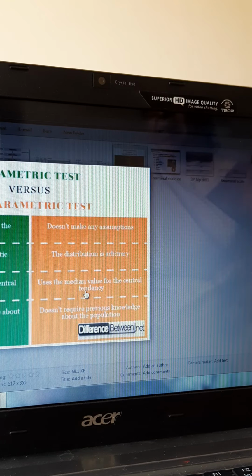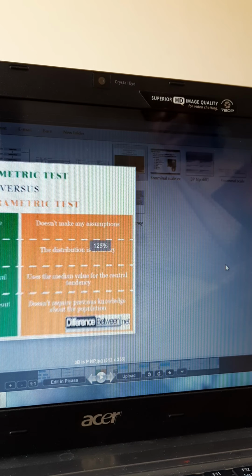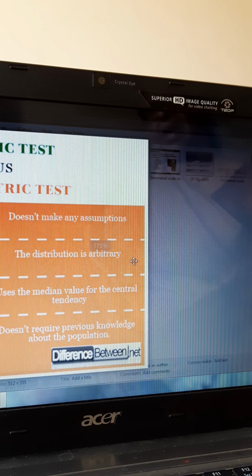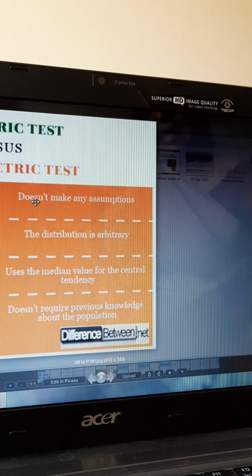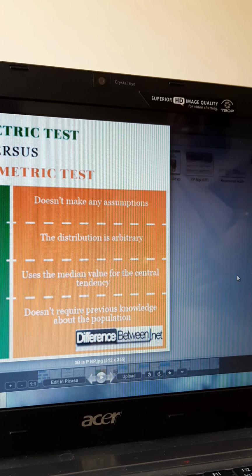What is non-parametric test? It does not make any assumptions about the population. The distribution is arbitrary. It is not a bell-shaped curve.